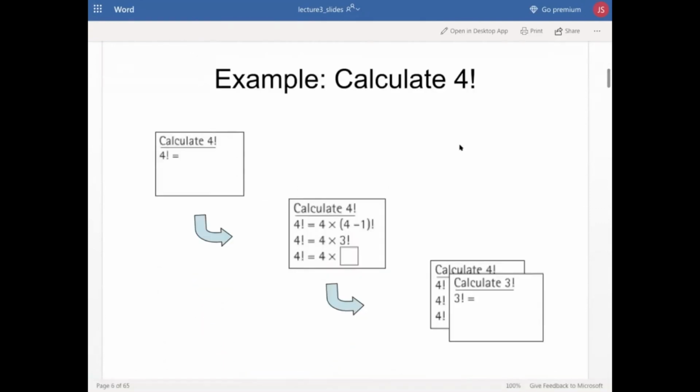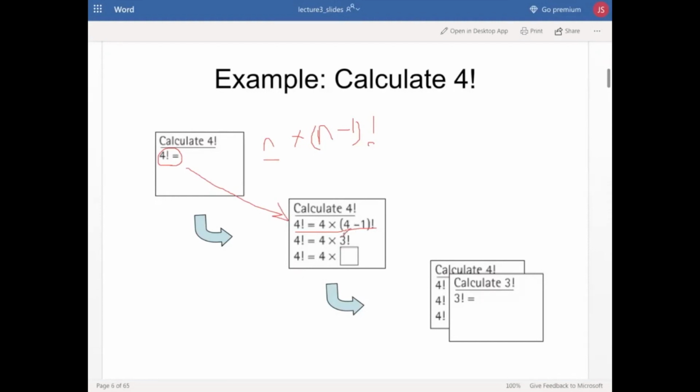Going back to this example, calculating 4 factorial, we're starting with 4 factorial. And if you remember, the equation says n times (n minus 1) factorial. What this means for 4 is that you would have 4 times (4 minus 1) factorial, which is expressed here. If you compute 4 minus 1, you get 3.